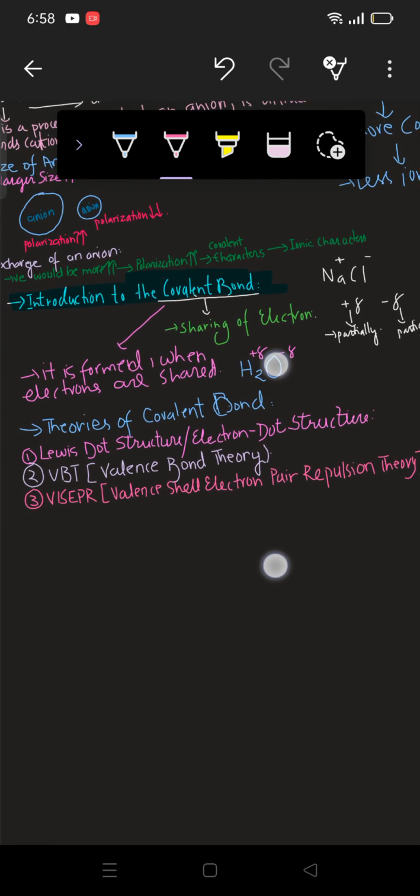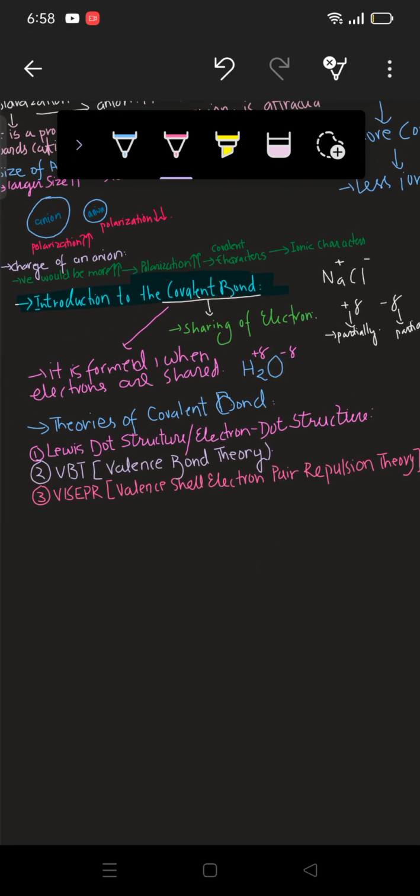So the first one, Lewis dot structure or electron dot structure. Second, VBT, valence bond theory. Third, VSEPR, valence shell electron pair repulsion theory.